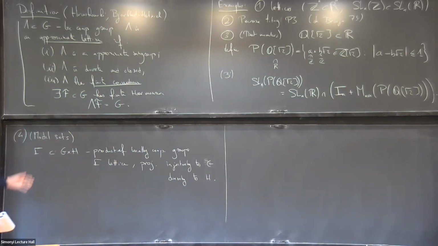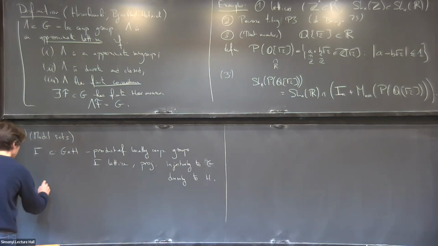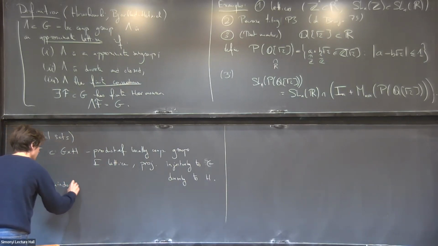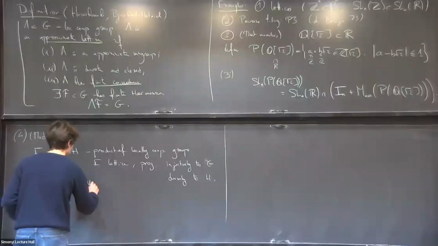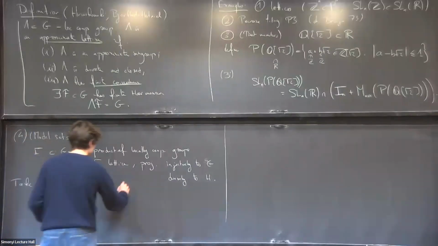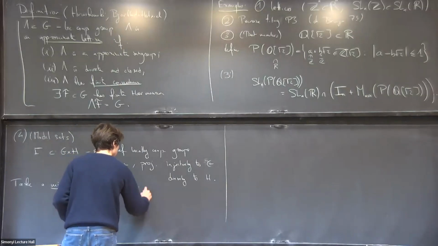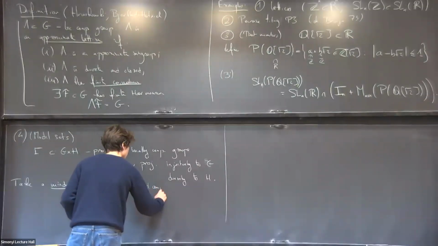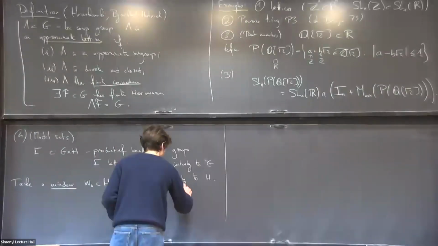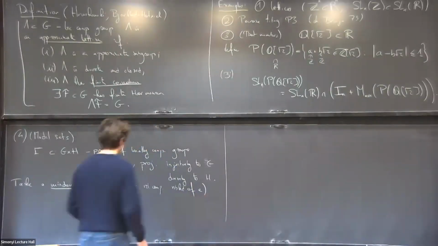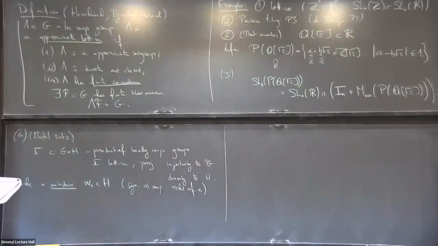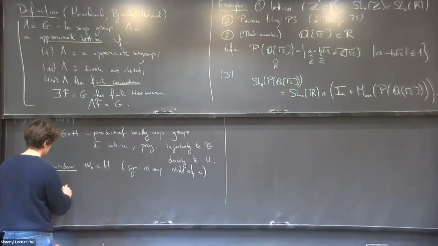So these kinds of situations are fairly general. You can find such lattices very often, and they're really nice because they allow you to build a lot of approximate lattices in a very efficient way. To do that, take what we call a window in H. By that I mean just a symmetric, relatively compact neighborhood of the identity in H, and define this set.